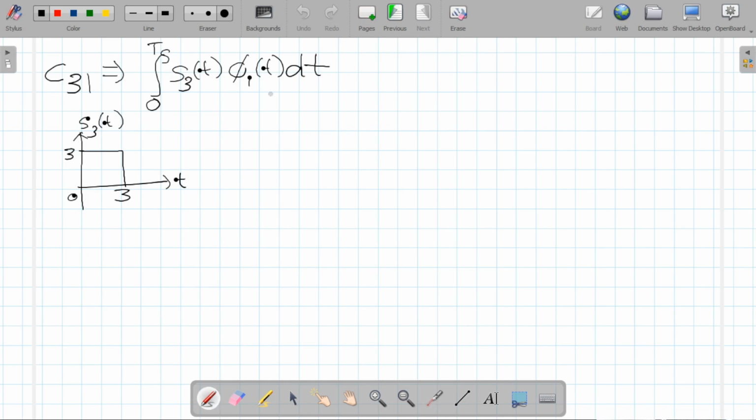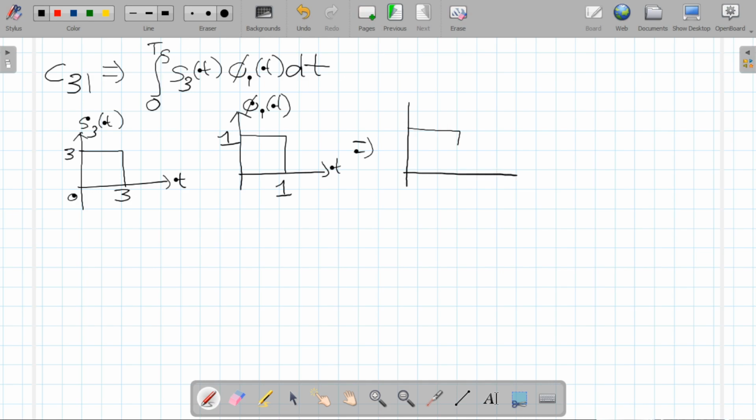So we can write this 1 to 1 phi 1 of t. If we multiply these two things, we will get a signal ranging from 0 to 1 on the time axis.